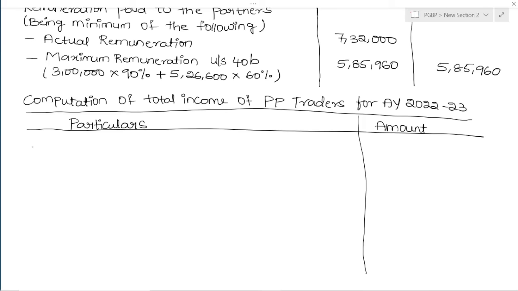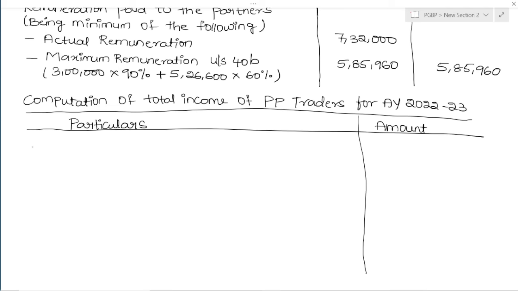Now, as a prudent person, what will you do? You will first adjust the business loss, which has limited time of 8 years, and you will leave unabsorbed depreciation for later, if some balance is there.